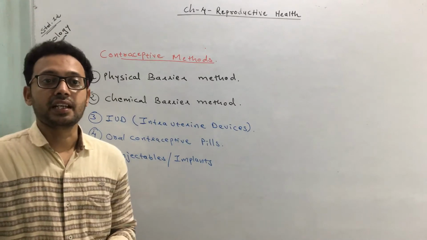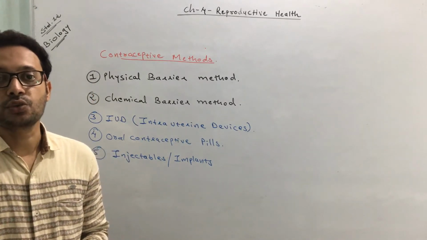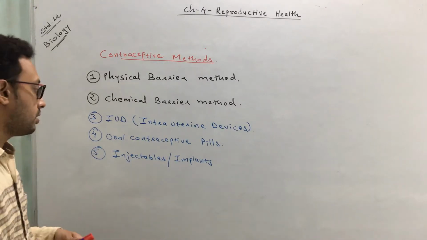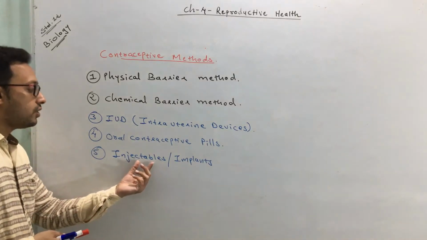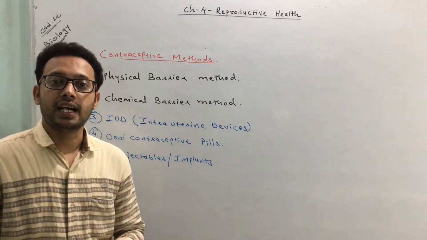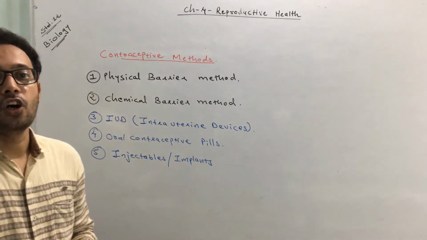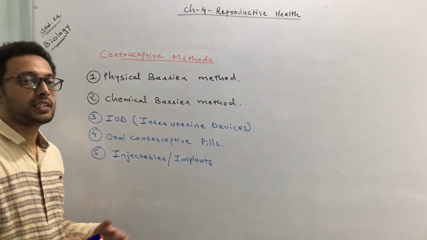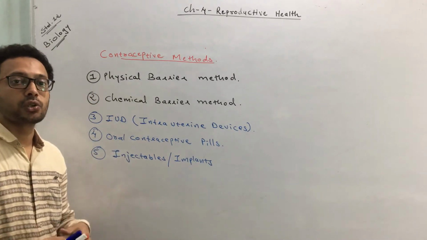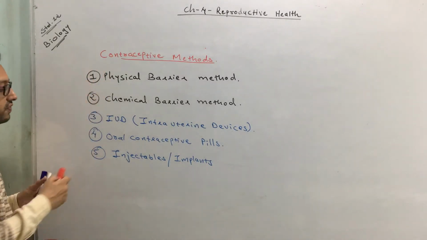These pills contain either estrogen only, or estrogen and progesterone in combination. We also give injectables and implants. They contain the same chemicals or drugs, but they have a long duration of action, so they don't have to be taken repetitively. So this many methods we have finished.